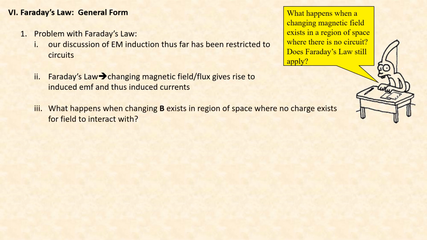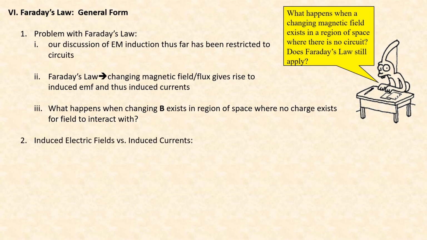What would happen, however, if that changing magnetic field existed in a region of space where there's no charge for that field to interact with? In other words, what if you have a region where there's a changing magnetic field and there is no wire, no circuit, no physical charge there? What happens in that case?